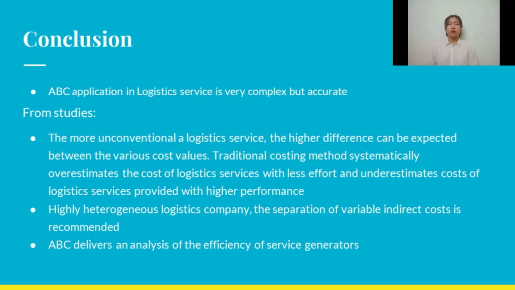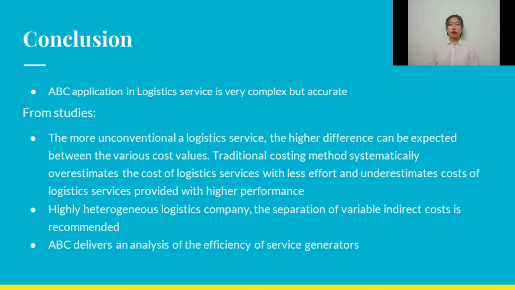model. From a study, it states that the more unconventional a logistics service, the higher difference can be expected between different cost values. The traditional costing method systematically overestimates the cost of logistics service with less effort and underestimates the cost of logistics service with higher performance.